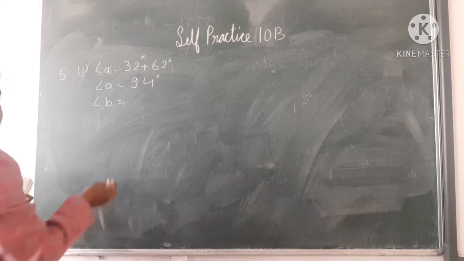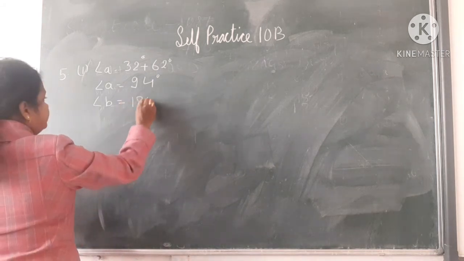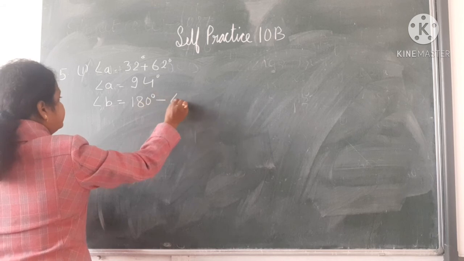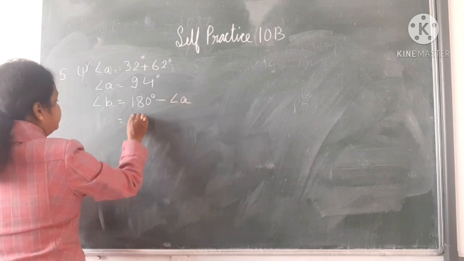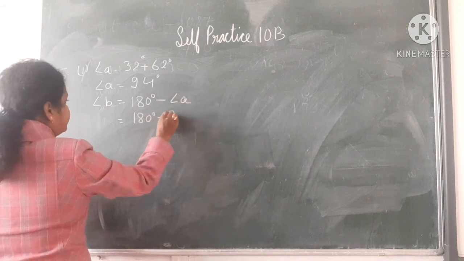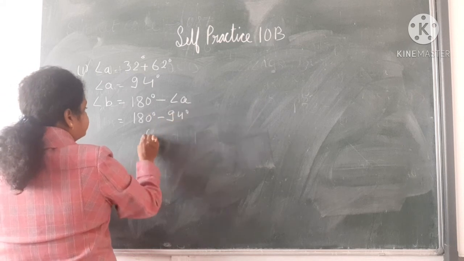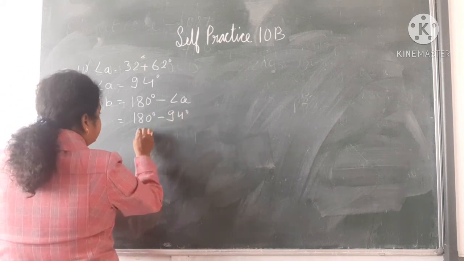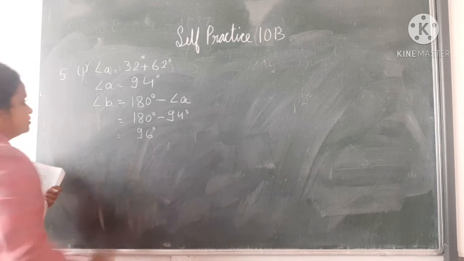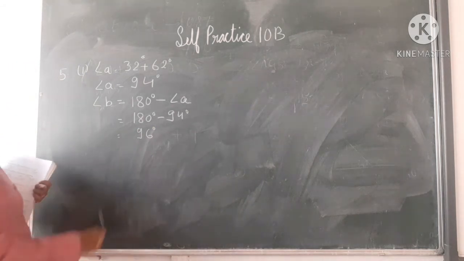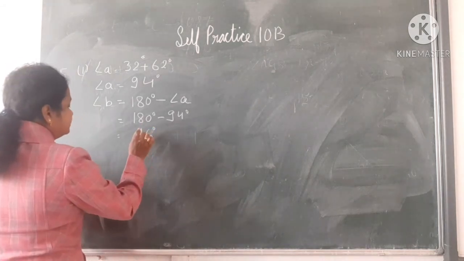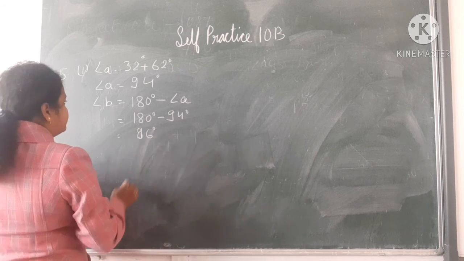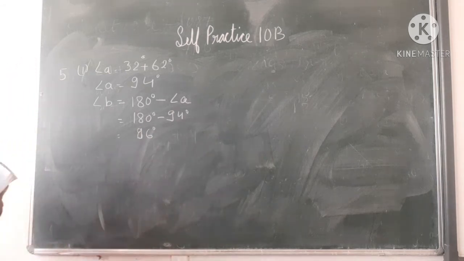Angle B is equal to 180 degree minus angle A, that is 180 degree minus 94 degree, that is 86 degree. What will be your angle B? 86 degree. Okay.